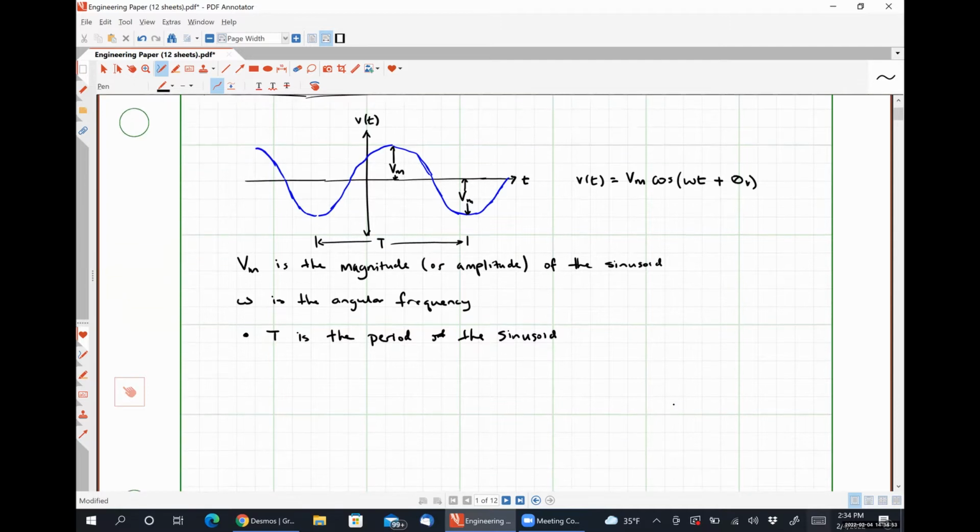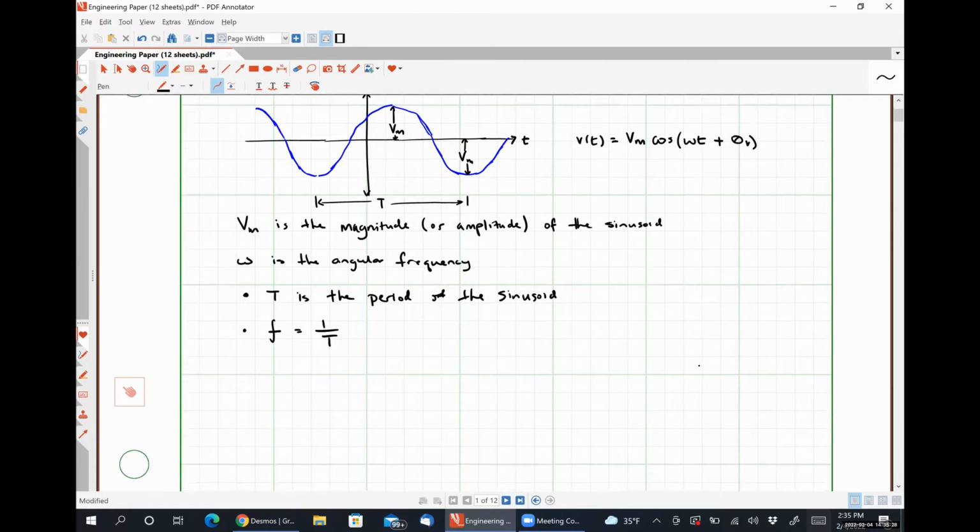The linear frequency, f, is equal to the inverse of the period. So effectively, the period says it takes some number of seconds to complete one cycle. The linear frequency says you complete some number of cycles per second.